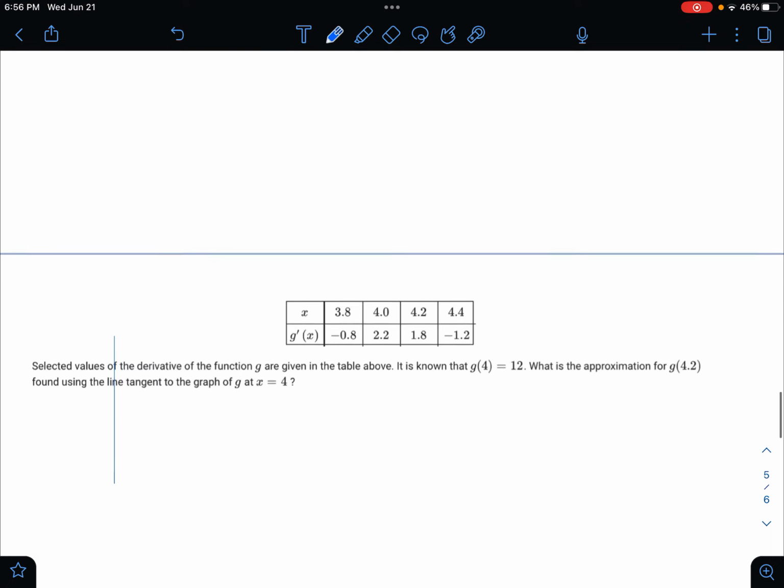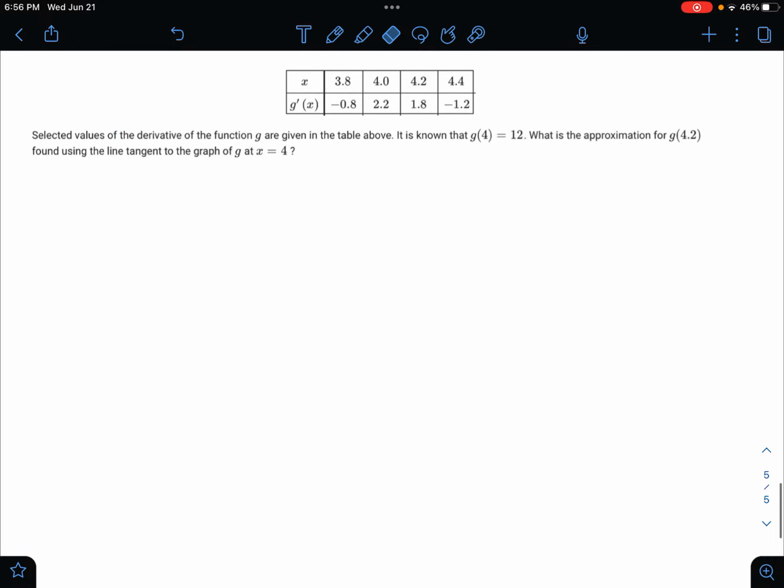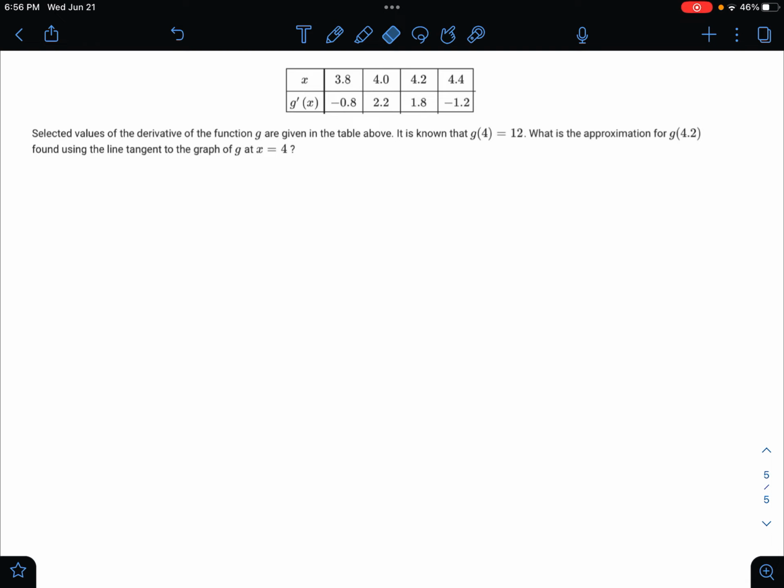Alright, let's do another problem. You might have seen this earlier in the video as I slid down a little bit, but it's fine. So in this problem, it's asking, the selected values of a derivative of the function g are given in the table above. It is known that g of 4 is equal to 12.